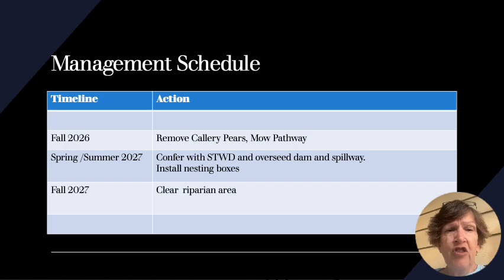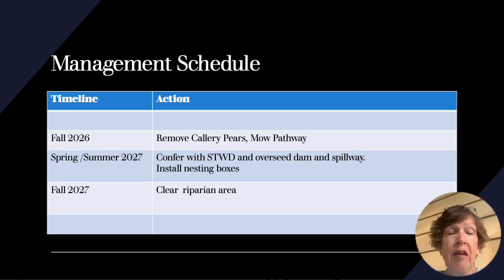So here is a suggested time frame. By the fall of 2026, remove the Callery pears and mow the pathway in the Mush Creek corridor. By spring or summer 2027, confer with the South Tiger Water District, overseed the dam and spillway, and install nesting boxes.